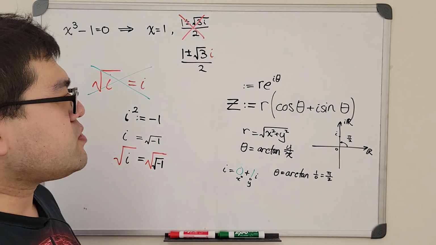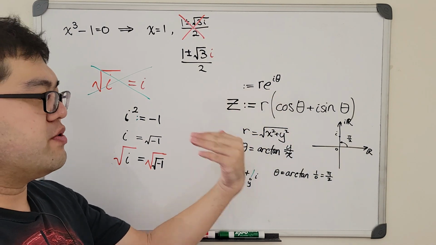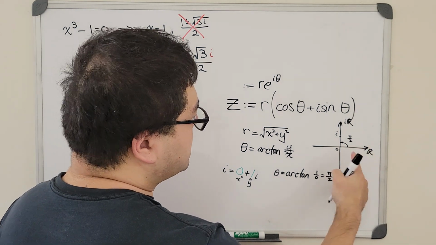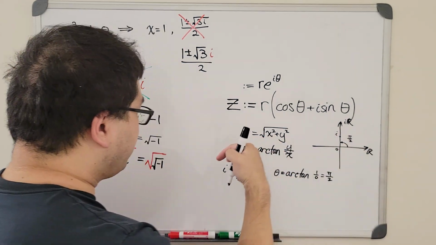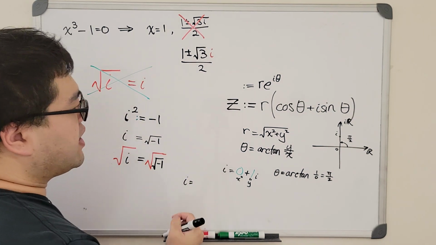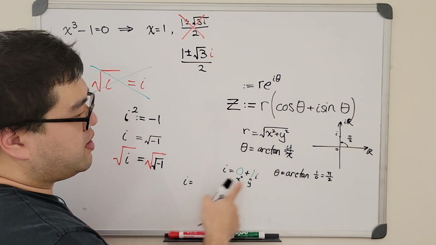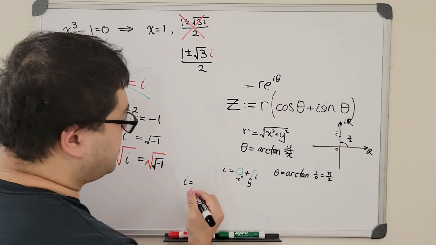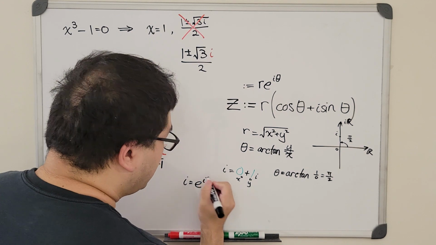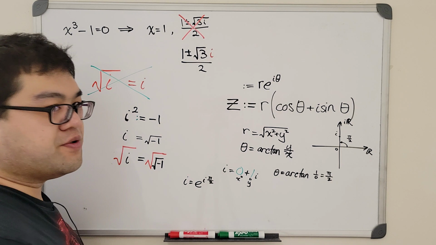And this e to the i theta tells us how much we rotate on the plane as we plot the point. So i can be rewritten as r, which is the square root of x squared plus y squared, and the distance is just 1 unit away. So r is 1 times e to the i theta, and we found that theta is pi over 2.